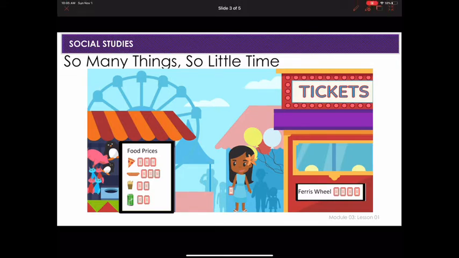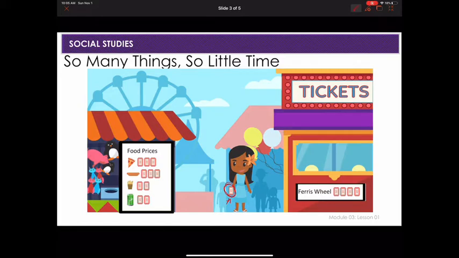Okay, so remember we talked about resources, and resources are things that we need or use. So the resource that Lily has for the carnival is these tickets right here. She needs those in order to do some of the fun things that she wants to do at the carnival.